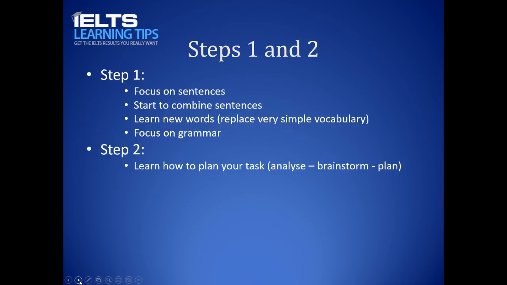Then you need to brainstorm some ideas, and then you put those down in a plan. And I have lots of planning material that I've put into these lives before. Okay, if your plan is good, you should use it then to start writing your task. And if you spend time on the plan, it will be good. Don't go away from it, because that will waste time, and it's a risky thing to do.